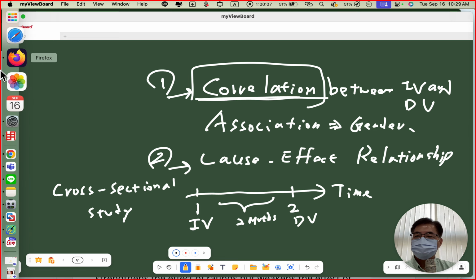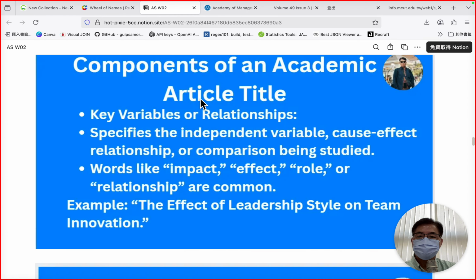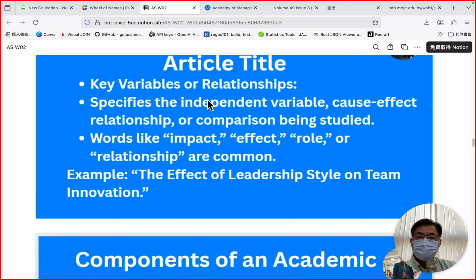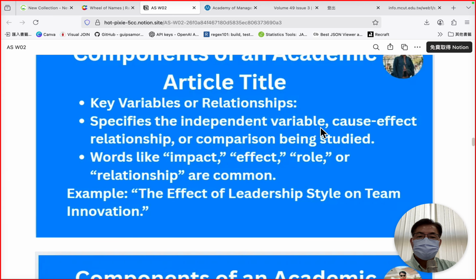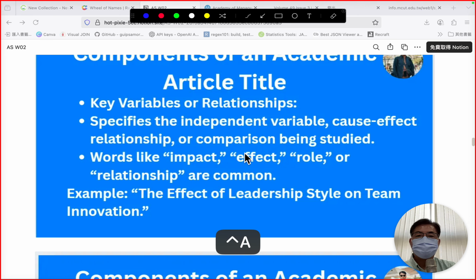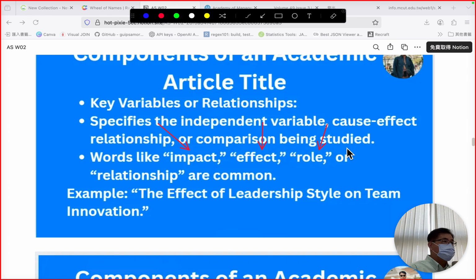And let me switch back to the course material here. Cause and effect. Okay, the important keywords you can look for in the article are sometimes called impact or effect or role, like a moderating role, mediating role, and so on and so forth.